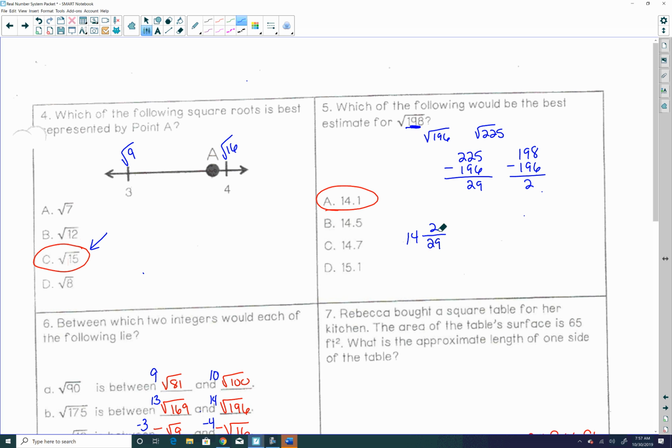Now I need to convert that fraction into a decimal. I'm going to do my long division. 2 goes inside, 29 goes outside. Now obviously 29 can't fit into 2, so I'm going to add my decimal. 29 can't fit into 20, so I'm going to add another 0. 29 can fit into 200. 29 is super close to 30, so I'm going to say 30 would go into 200 6 times.